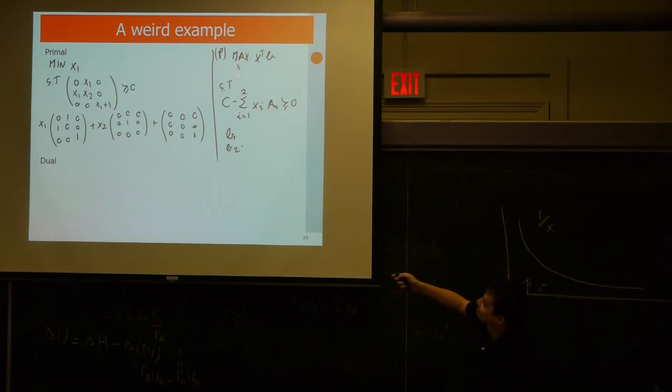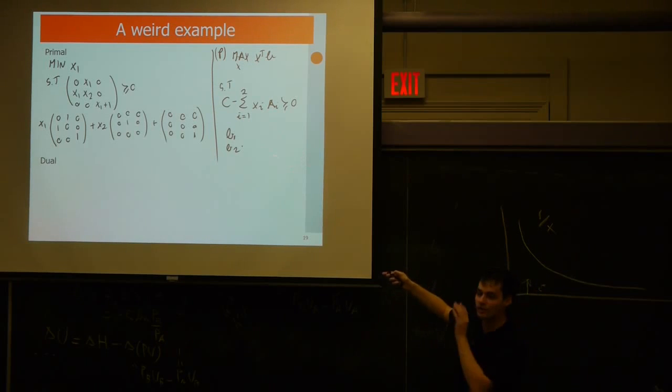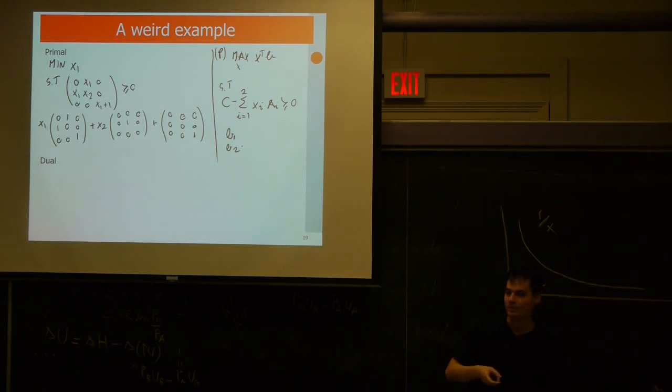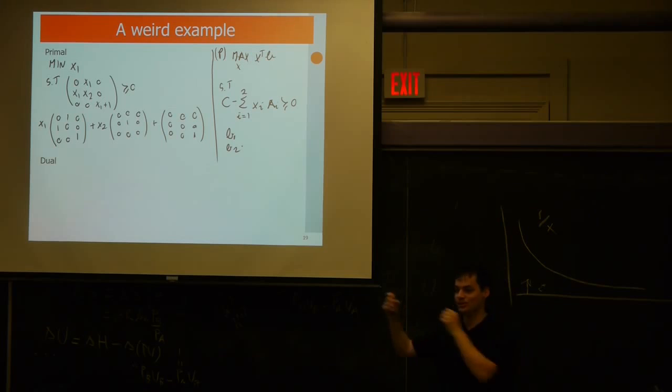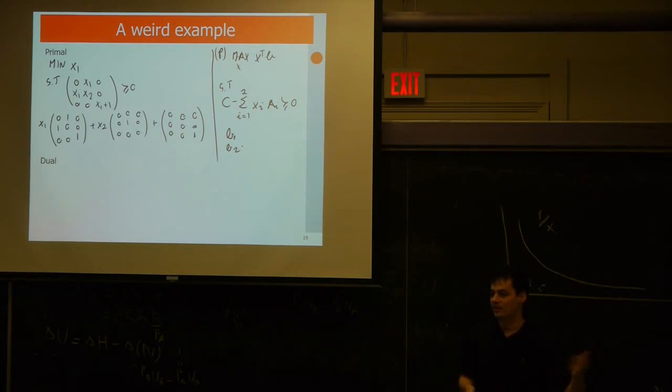Right, so it doesn't matter. Sometimes people say this looks like a primal, sometimes they say this looks like a dual. Let's now say this is the primal and find the dual. Or if you want, you can call this the dual and then tell me what the primal is. It doesn't matter if you start from one and derive the other.